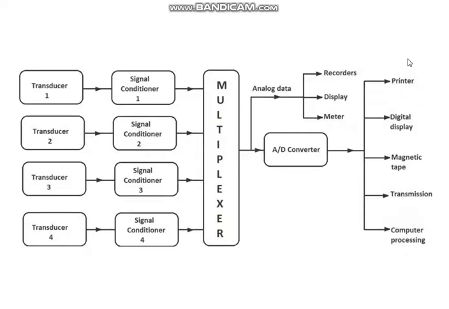Okay. So this process is called data acquisition. I am going to acquire the data, process the data, and send it to the desired location. If I need to store, I can store. If I need to process, I can process. If I need to send it to a different location, I can send it. The total system, we name it the data acquisition system.